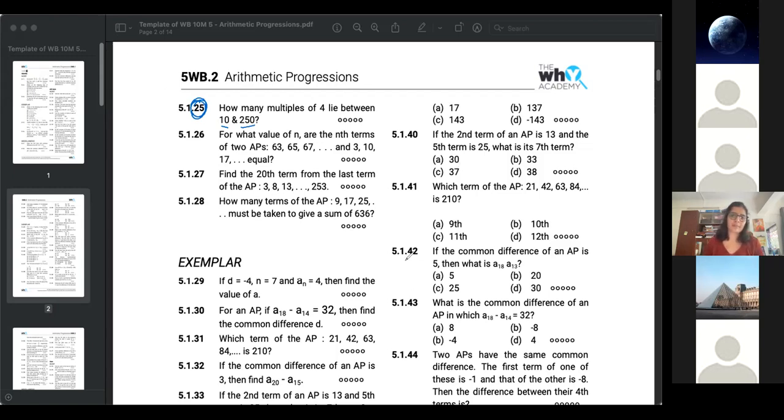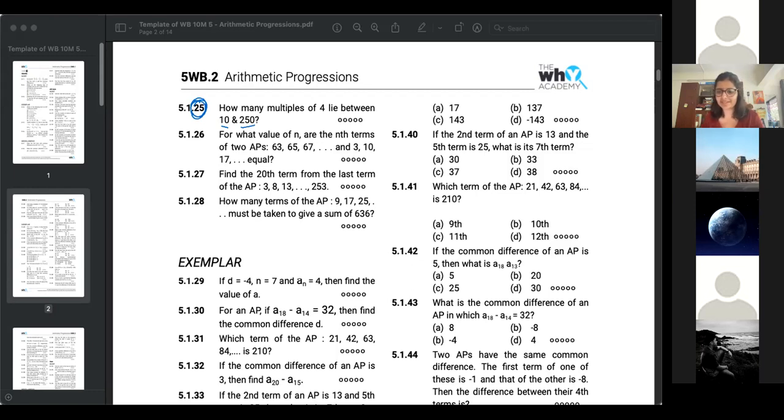Okay, 225. Ma'am, sent in the answer. Neki is first this time. Neki and Elena have sent in.